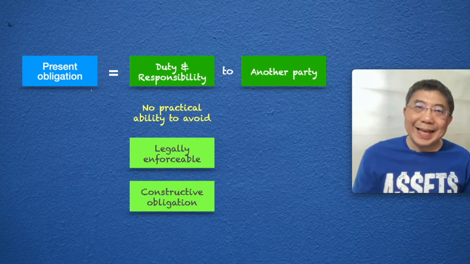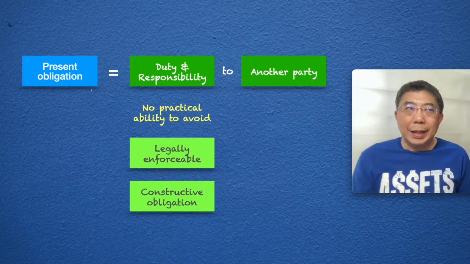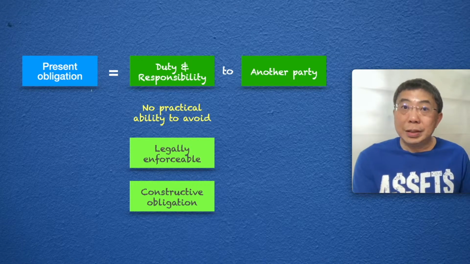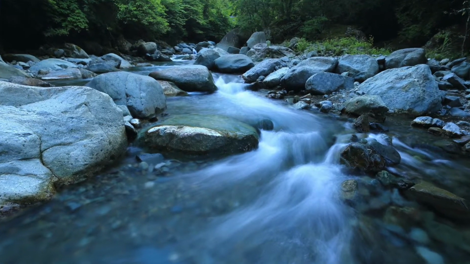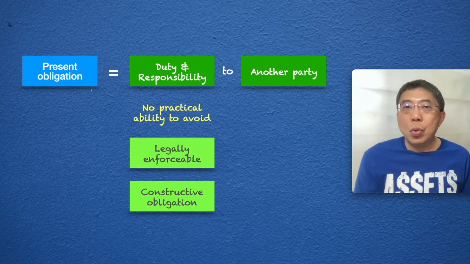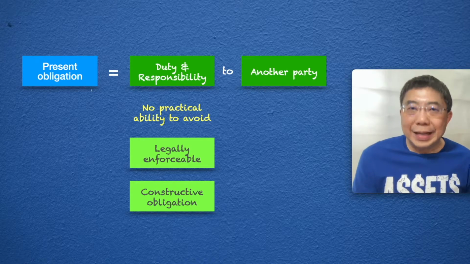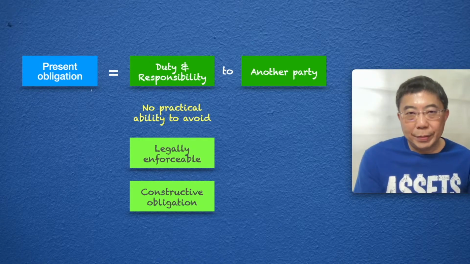Let's look at an example of constructive obligation whereby a business had inadvertently polluted a stream that was nearby the premises of the business. Now, let's say that there is really no legal obligation, there's really no regulation that compels the business to clean up the river.